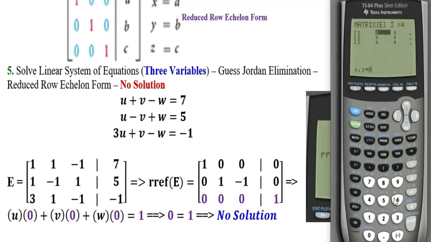For v we have 1, minus 1, 1. For w we have minus 1, 1, minus 1. Augmented with 7, 5, minus 1.